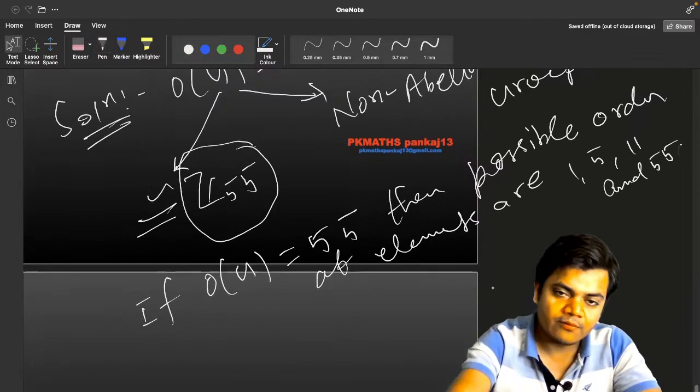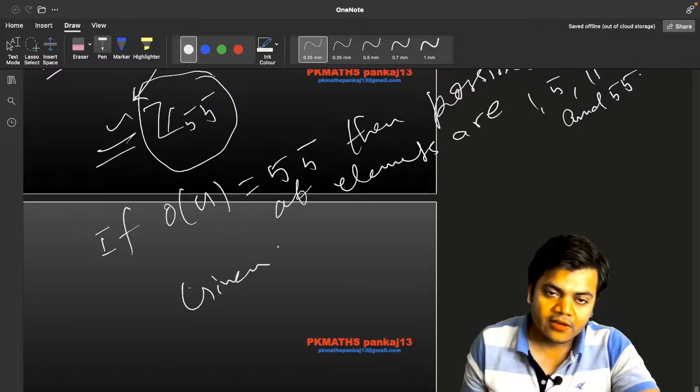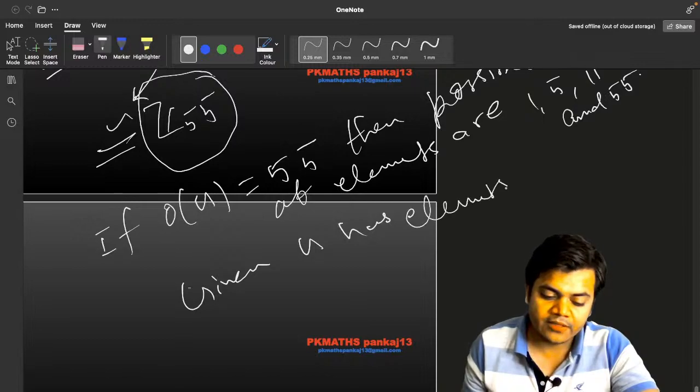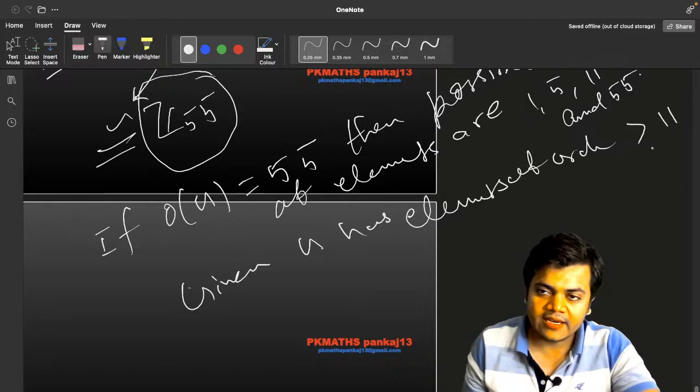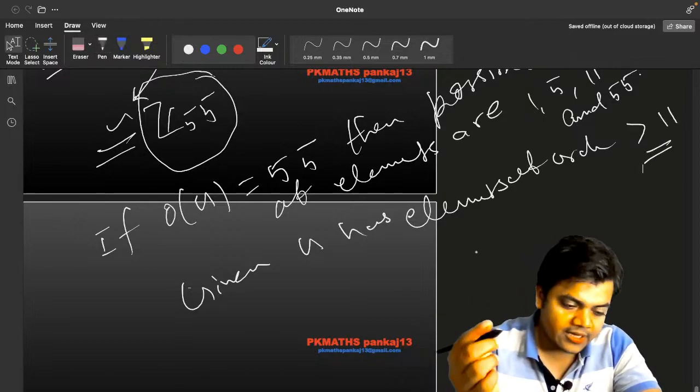Okay, these are the possible orders. Given G has elements of order greater than 11, certainly greater than 11.